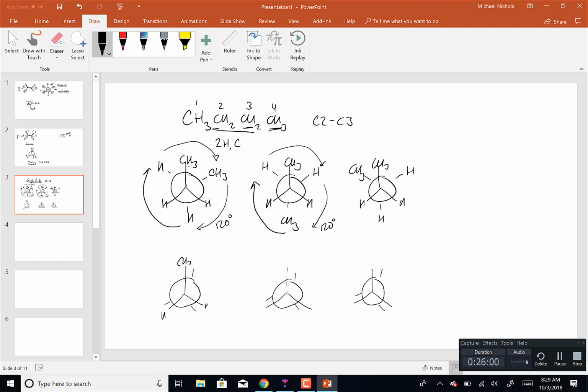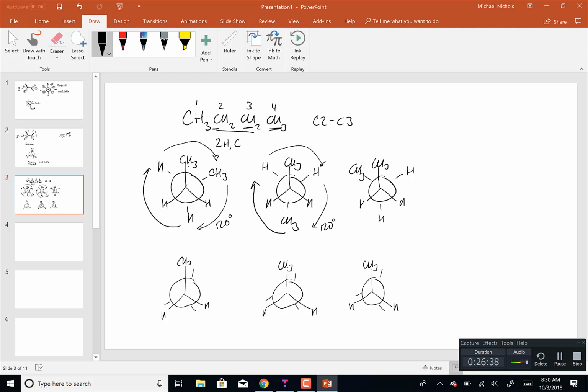So I'm going to write my CH3 at the top on the front carbon, then my two H's on the left and right bottom positions, like this. For these kinds of problems, I'm going to give you a molecule and a bond, and I'm going to say write the three staggered and three eclipsed conformations for that molecule looking down the C something bond. And then I'm going to ask you to rank them, but let's draw out the eclipsed first. And then we'll think about energies.